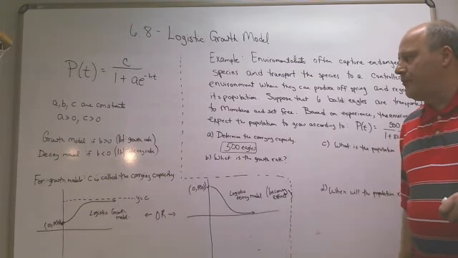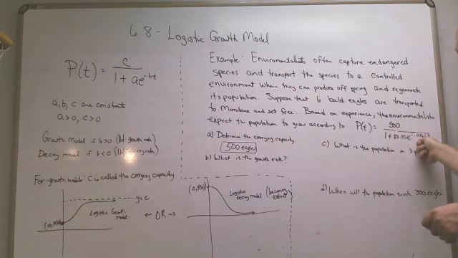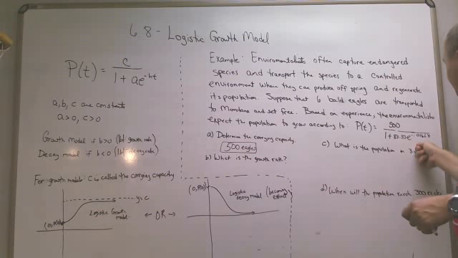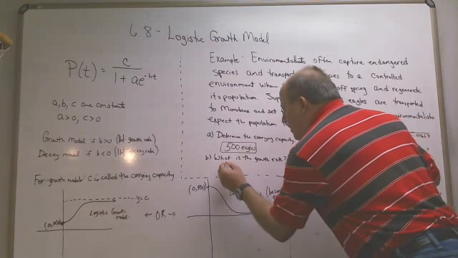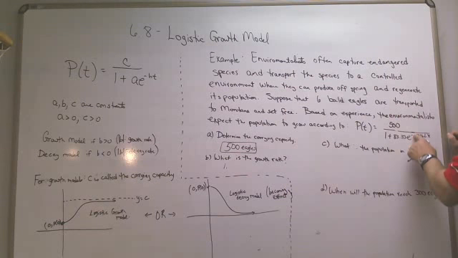Now, what is the growth rate? Remember, the growth rate is B, and so in this case, it's 0.0162. Actually, I think I need the decimal right there if I remember the problem correctly.